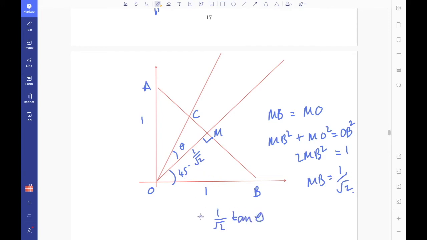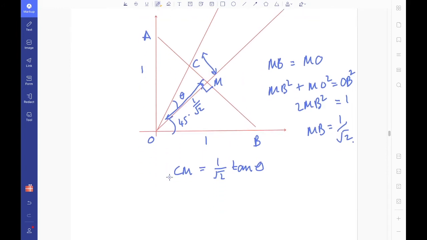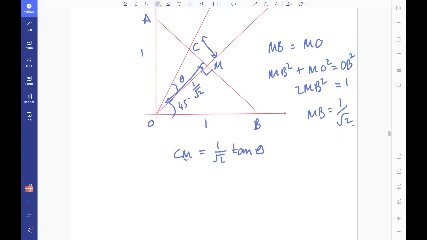That's equal to CM, because this is 90 degrees, so this length here is the opposite of that angle theta, and this here is the adjacent of that angle theta. So now I can solve this problem.